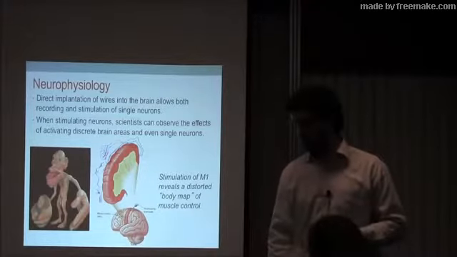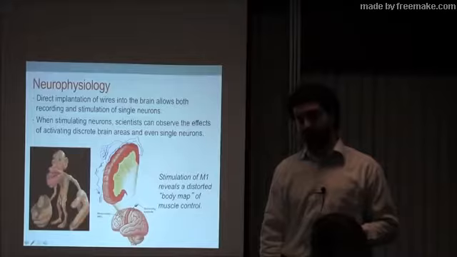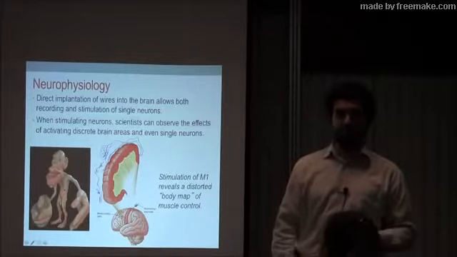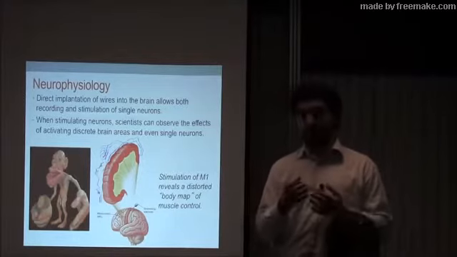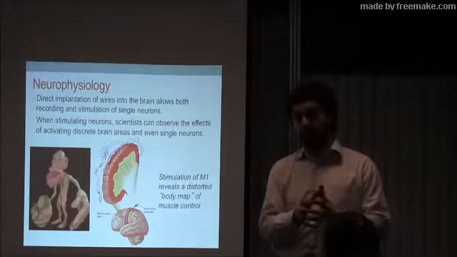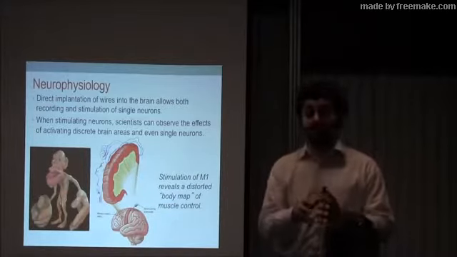The same applies to the lips. The same applies to the tongue, but not necessarily the arm, not necessarily the shoulder, not necessarily the trunk. In other words, these proportionalities correspond with how fine the sensory input or the motor input to these particular areas of the brain is.